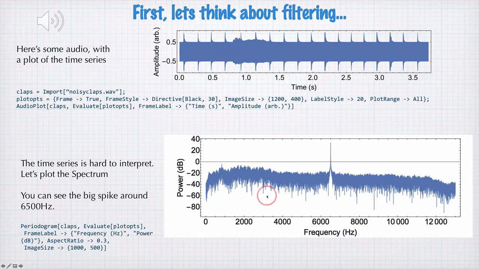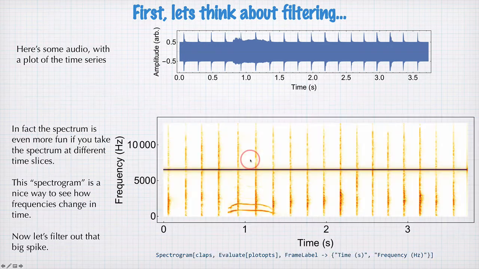So this is like an average over the entire file, but we can also do this where we divide it up so maybe 100 different spectra calculated per second, and we can see that when you have a clap, we have a lot of different frequencies, and every time there's a clap, we have this wide spread of frequencies from 0 up to the highest frequency in our file, which is 13,000 Hertz. And we have this big, long tone here at 6,500 Hertz, which is all the way through.